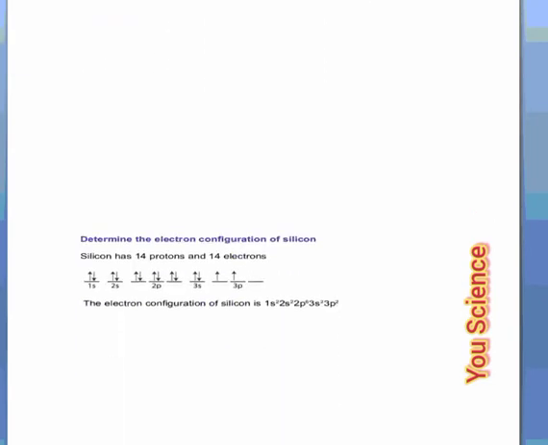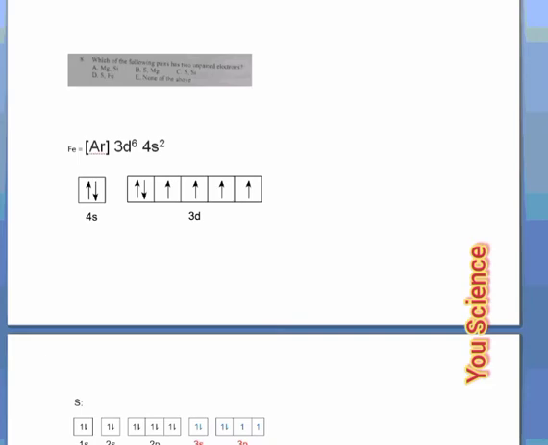So this is the electronic configuration of silicon. You can see that at the 3p orbital, silicon has 4 electrons. At the 3p orbital, you will find that we have two unpaired electrons here. So option C is the correct answer.